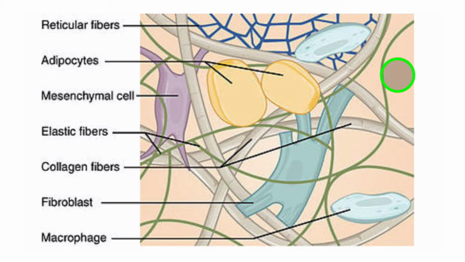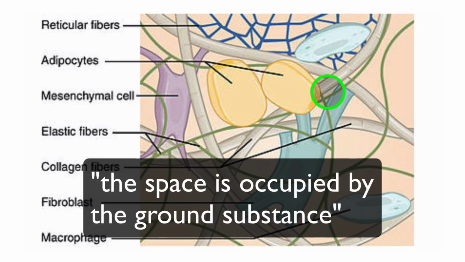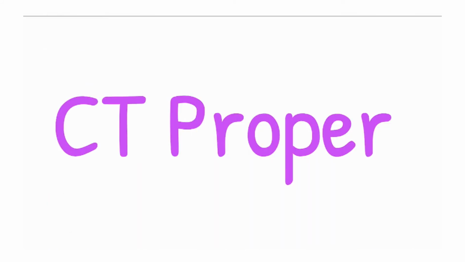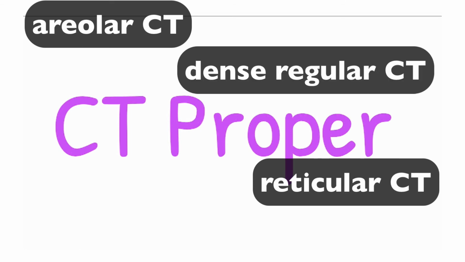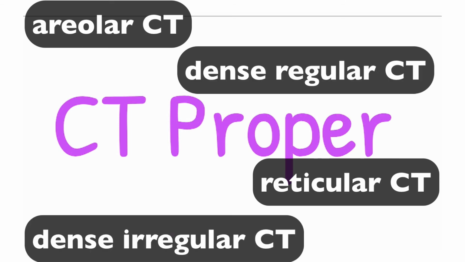Areolar means open. So there's a lot of open space here. So this would be loose or areolar connective tissue. And then there's going to be a bunch of collagen fibers running through this connective tissue. Making up connective tissue proper are areolar connective tissue, reticular tissue, dense regular connective tissue, and dense irregular connective tissue.